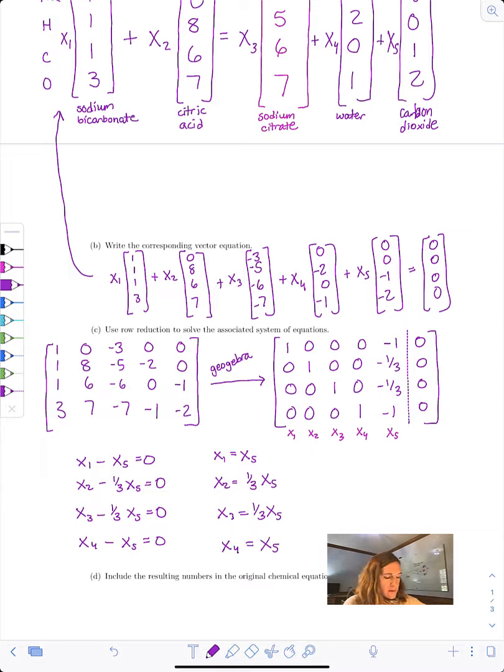And so here we have a free variable, which might seem kind of weird at first. So x5 is our free variable.